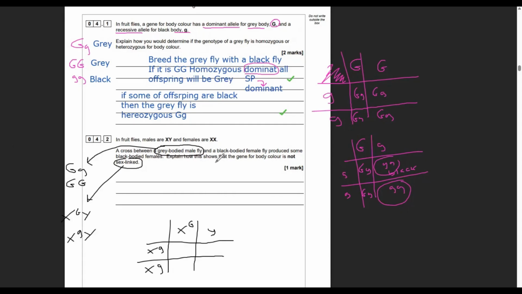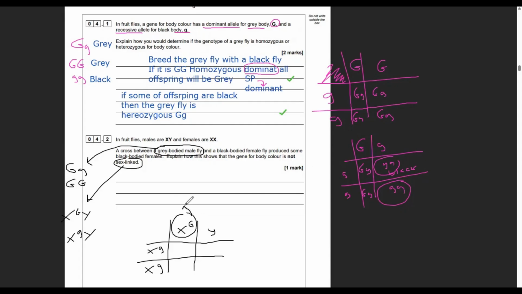Now, the flies they crossed had black-bodied female offspring. But check out when we do this cross, the gender and color of the offspring is important. If the gene for fly color is sex-linked, it's found only on the X chromosome.